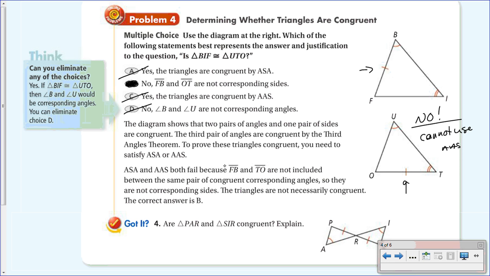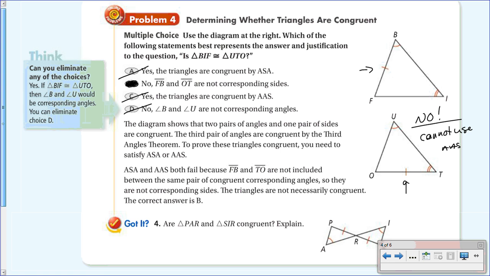For instance, here, I is congruent to T, so the side in the first triangle would have to touch I in order to use side OT in the second triangle. If you wanted to use side BF in the top triangle, then the side in the bottom triangle would have to touch angle U. It has to be the same non-included side, meaning it has to touch the same congruent angle in both triangles.